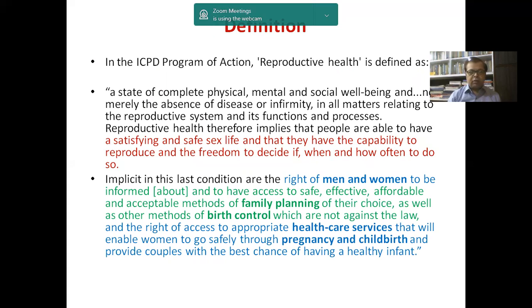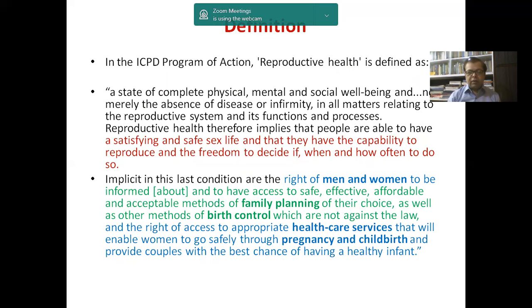Now we need to read this definition. A state of complete physical, mental, and social well-being, and not merely the absence of disease or infirmity in all matters relating to the reproductive system and its functions and processes. Reproductive health therefore implies that people are able to have a satisfying and safe sex life, and that they have the capacity to reproduce and the freedom to decide if, when, and how to do so.